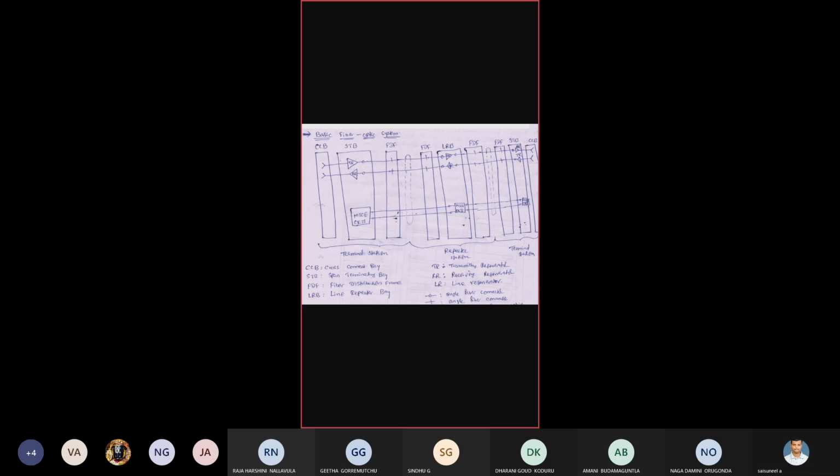Here, see this one, for the transmission side and the receiving side we have two types of repeaters, that is, the transmitting repeater and the receiving repeater, which have two different lines, not a single path for both directions. Two different paths, one for the transmission system and another for the receiving system.